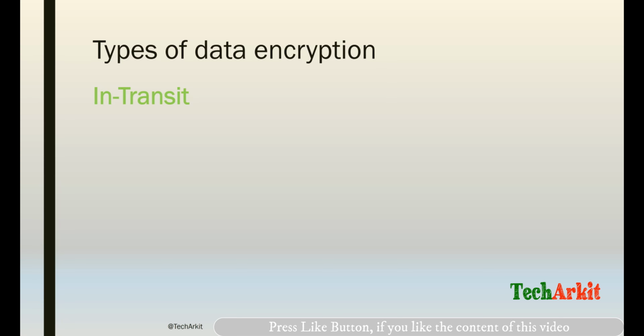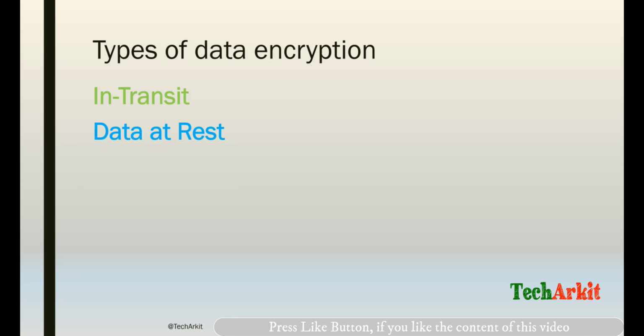What is the next one here? Data at rest. For example, I have transferred my data from my server to the AWS cloud. Then the data is stored at rest, somewhere for archival or usage purposes, like an EBS volume, EFS volume, or S3 bucket.